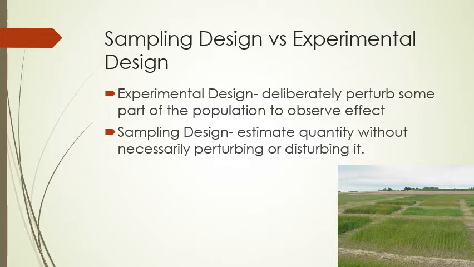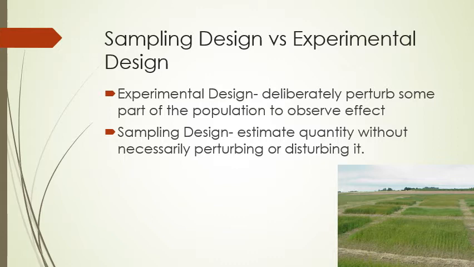Sampling design, on the other hand, refers to how you estimate a quantity without necessarily perturbing it or having treatments. So you might just be interested in what is the average size of trees in a national forest. You're not going out and doing any treatments. You're not perturbing anything.